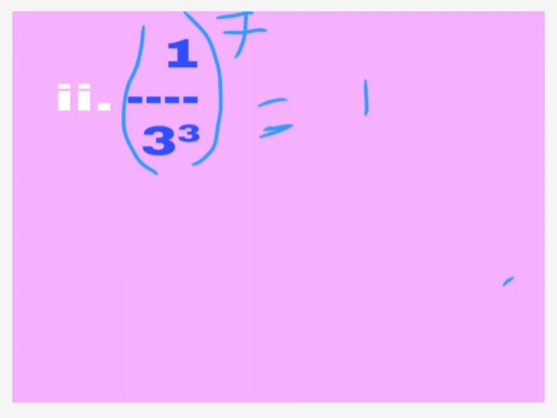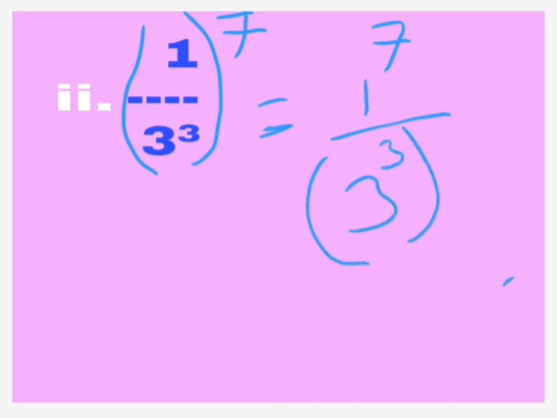That is 1 to the power 7 divided by 3 cube whole to the power 7. We split this power 7 into both numerator and denominator.